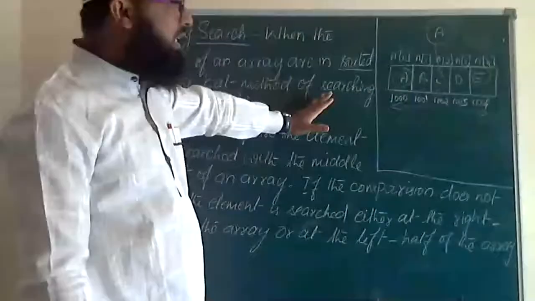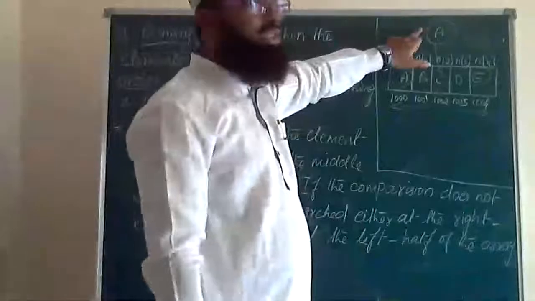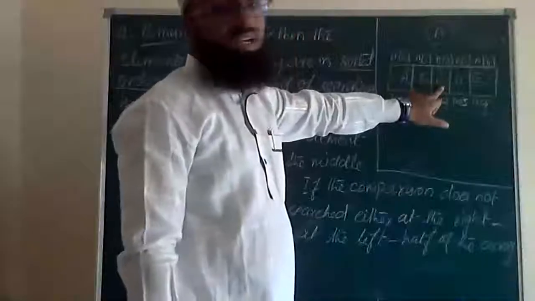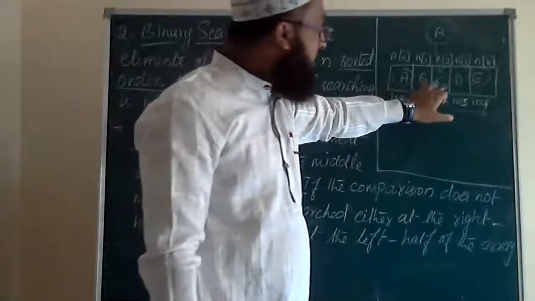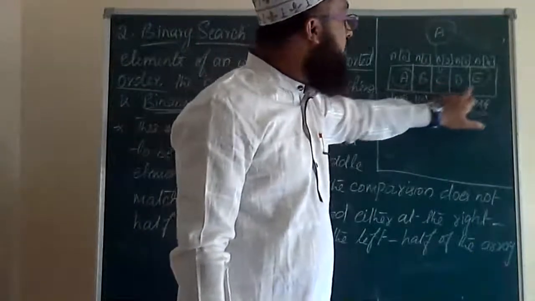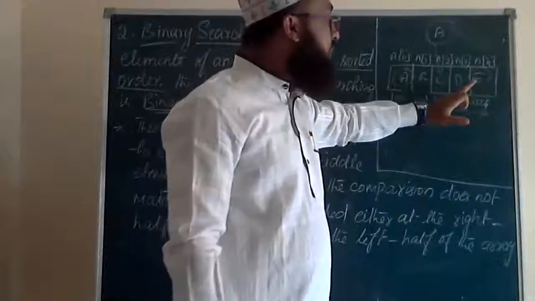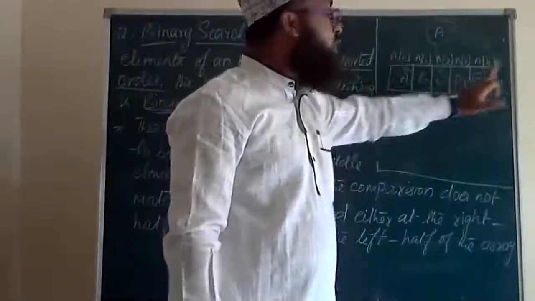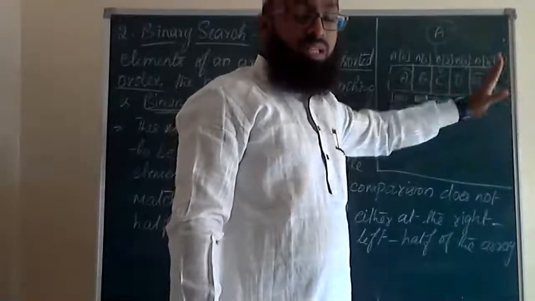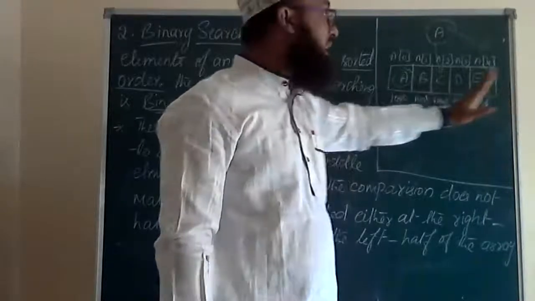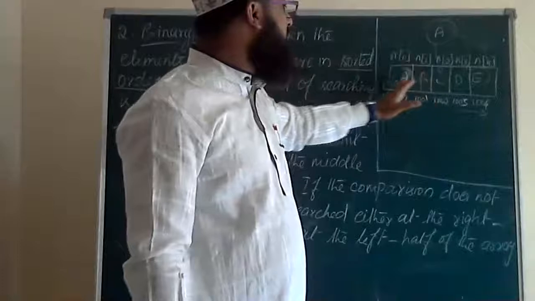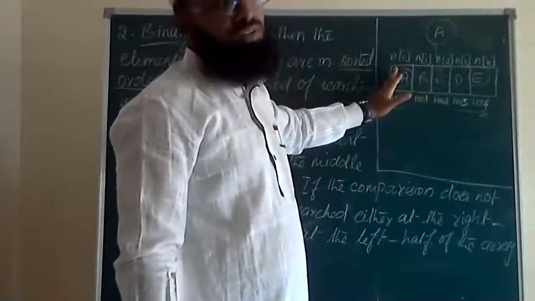Here the condition is that the element which is to be searched is compared with the middle element. If it does not get its answer, then it will search the right half of the array, the elements left at the right side from the middle point. Then if it does not get its exact result, it will continue its searching to the left half of the array.